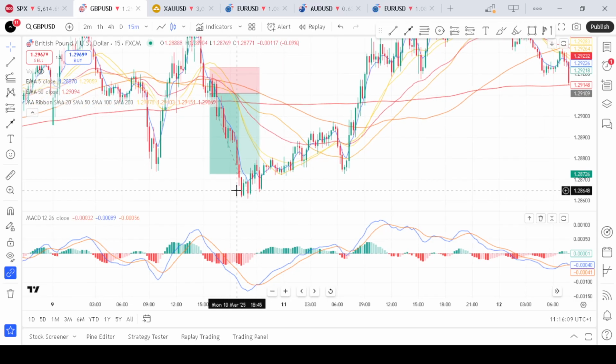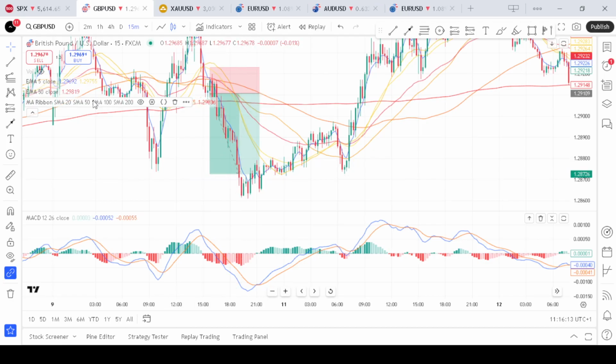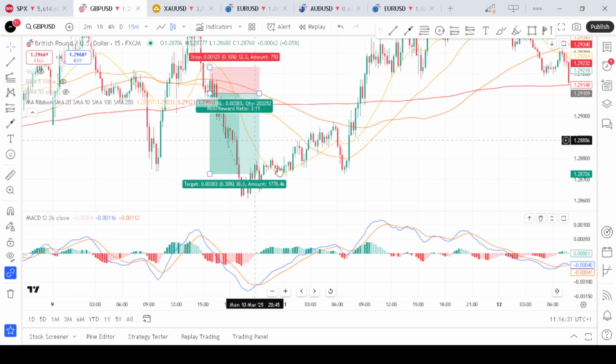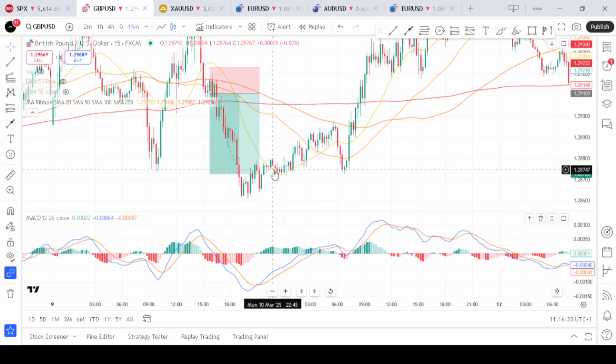Each approach is the 5, 8, 13 simple moving average ribbon. So these are the lines. Let me turn off other indicators to just use the moving average ribbon, and this is the ribbon. We expect price to get to these areas to tell us that we can leave, or we are expecting a momentum shift when price gets to this area.